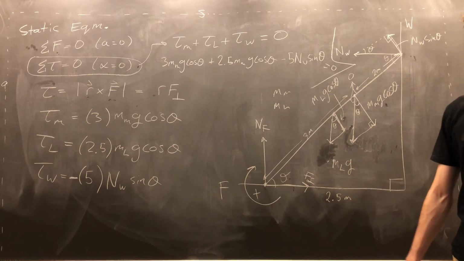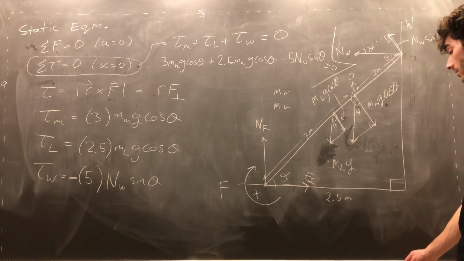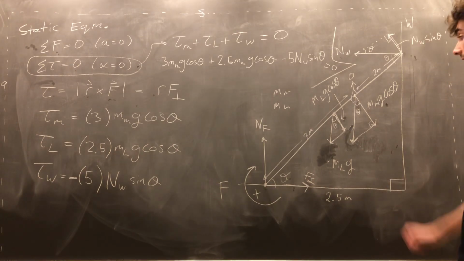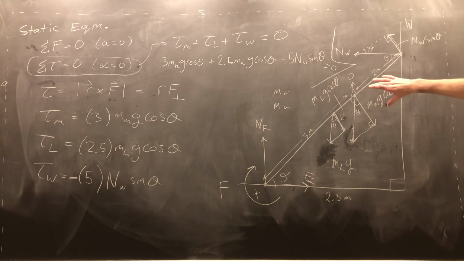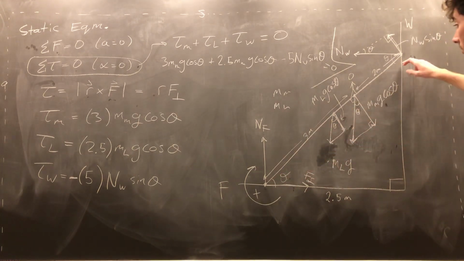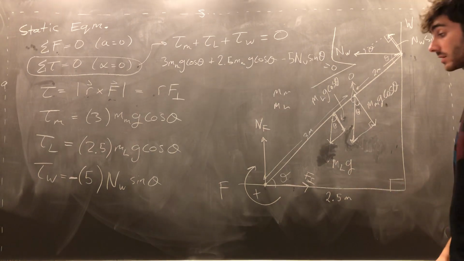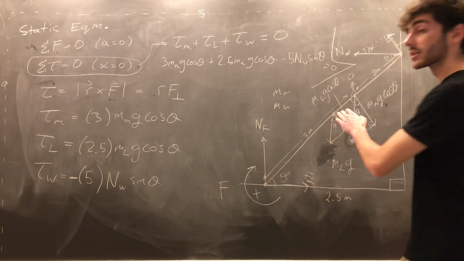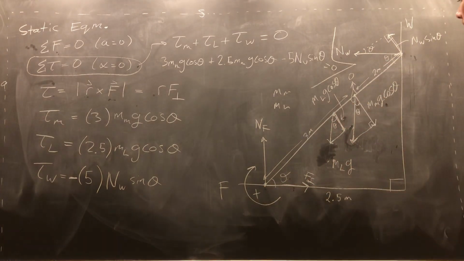This is a static equilibrium problem. And so the moral of the story is break each force that's imparted into its perpendicular and parallel components relative to the radial vector, relative to the vector starting at the axis of rotation and pointing to wherever the force is being applied.